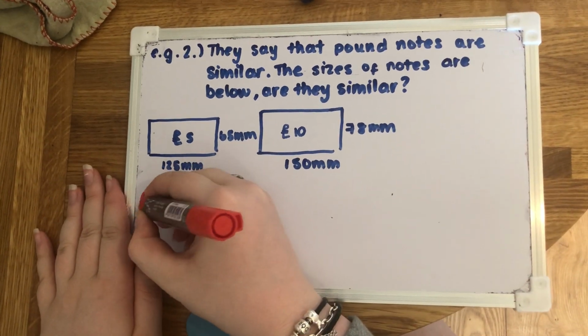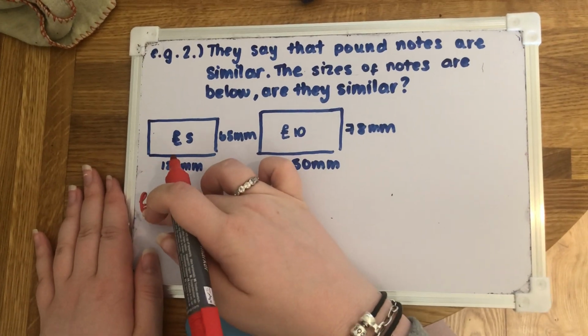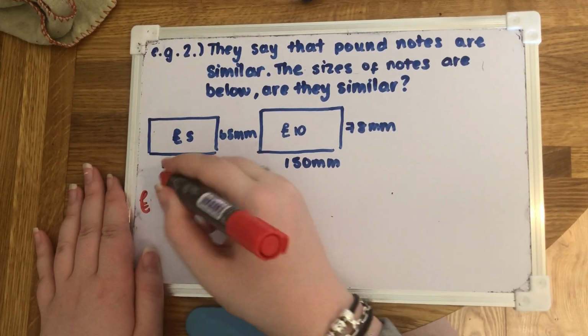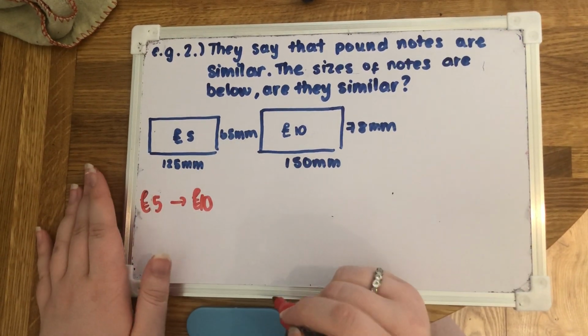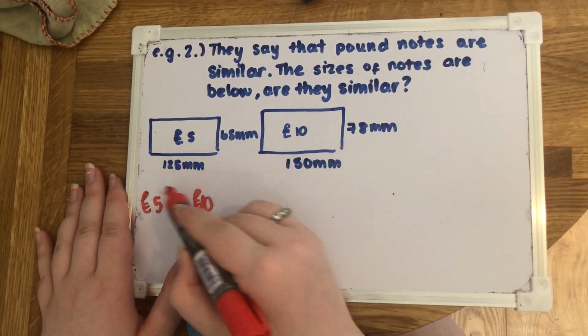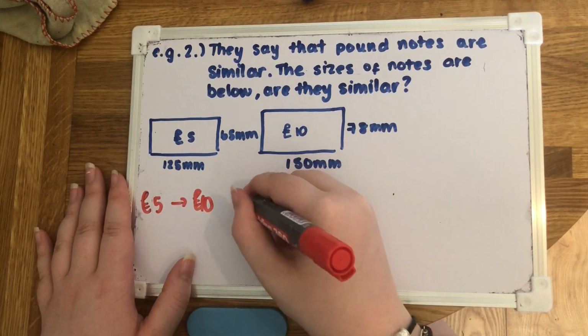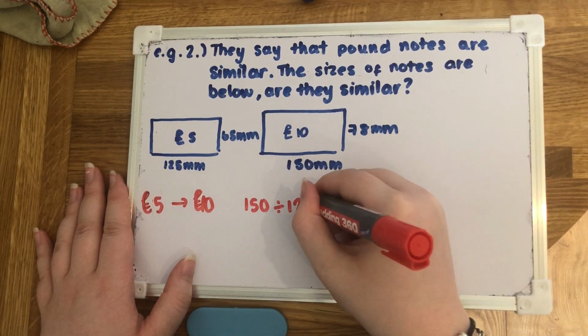To get from the £5 to the £10, what doesn't really make a difference. I'm going to do the £10 one, divided by the £5 length. So I'm going to do 150 divided by 125.